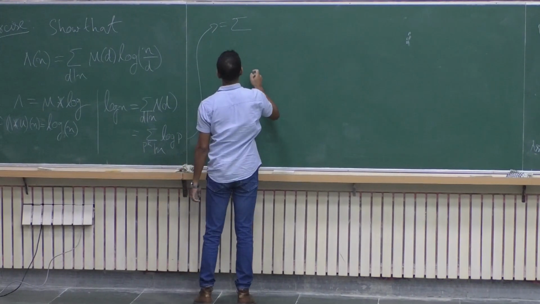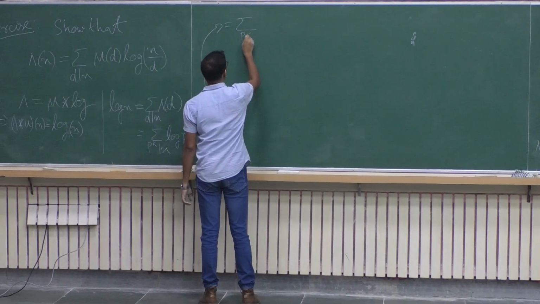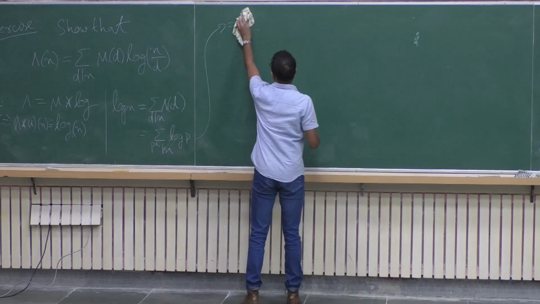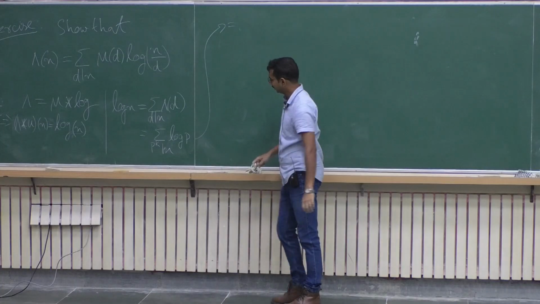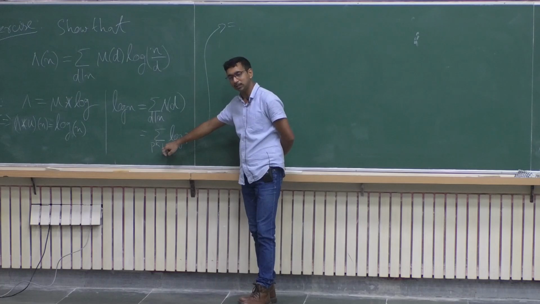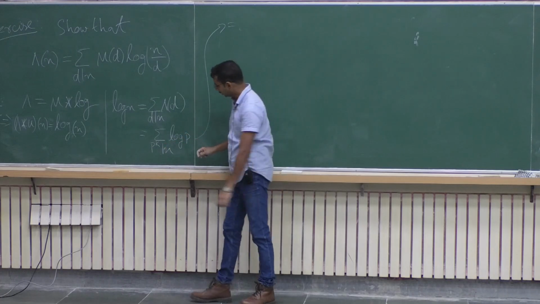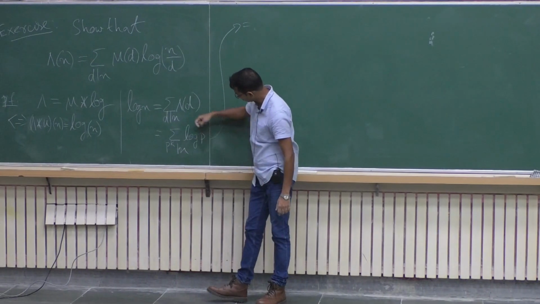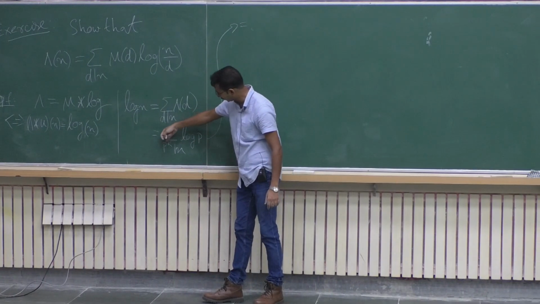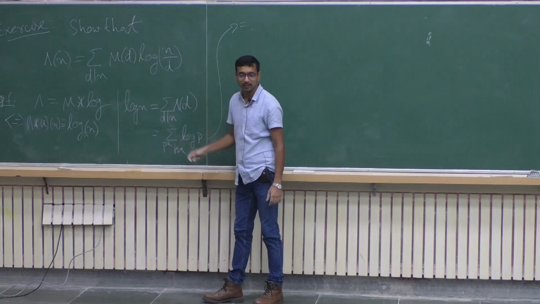For each prime p dividing n, we are taking the sum of log p as many times as the power divides this.